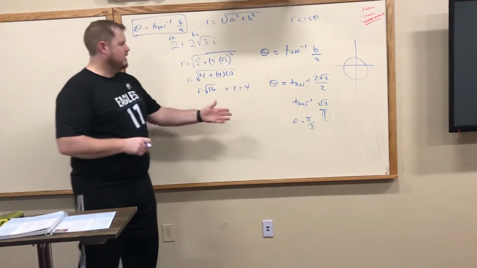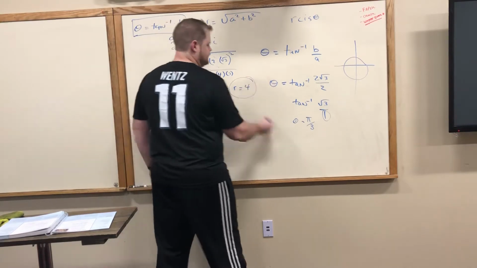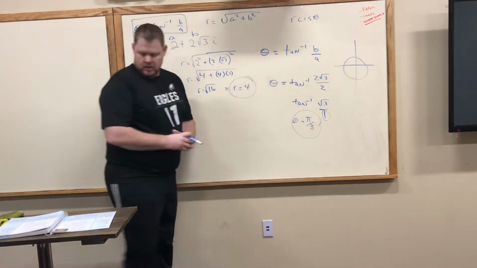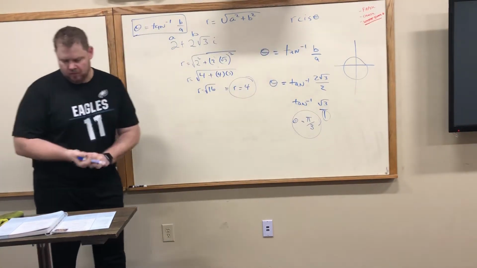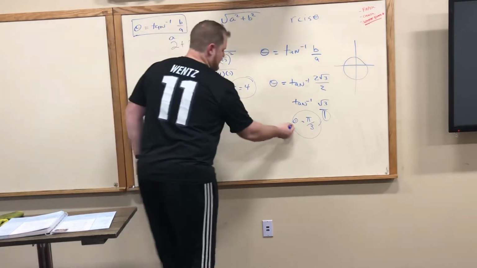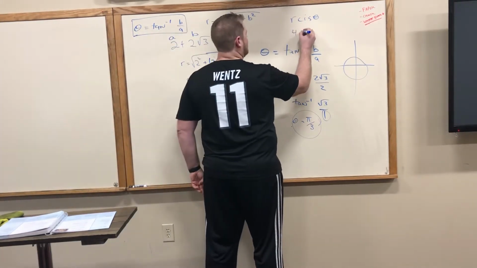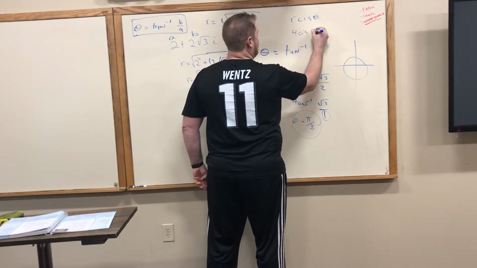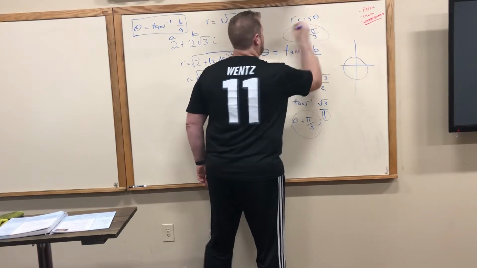So, once you have those two, you have your r, you have your theta. What are the two ways you could write that in polar form? The first one, very simple. Take these, plug them in. 4 cis pi over 3. There's your answer.